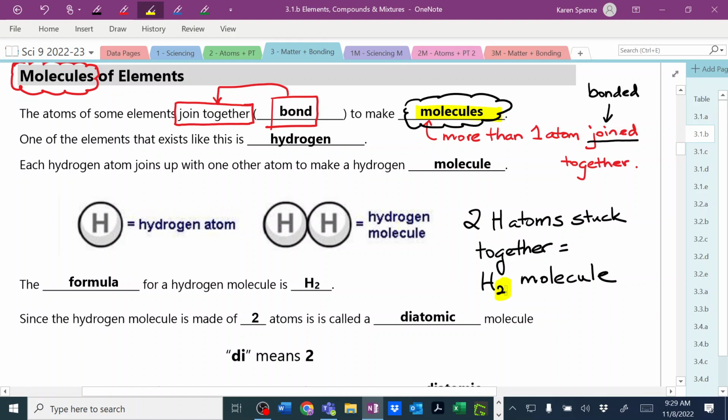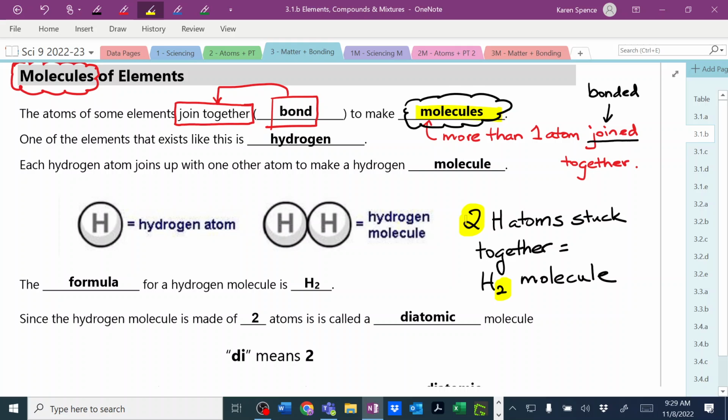So when we have two hydrogens stuck together, we call that an H2 molecule. Where does that little 2 go? Down at the bottom right. It's not the protons, that was the bottom left. The top left was the mass number.